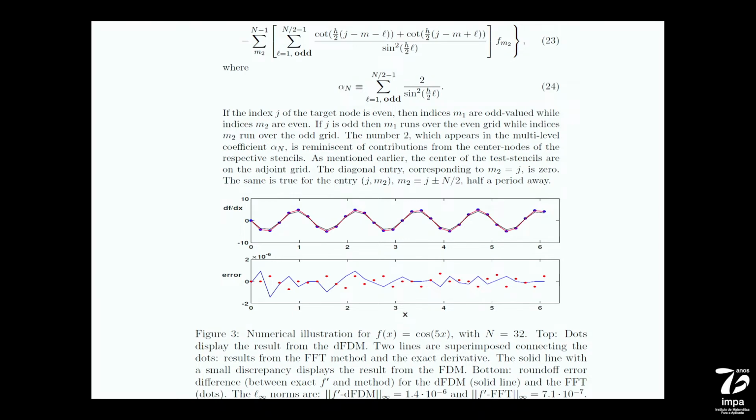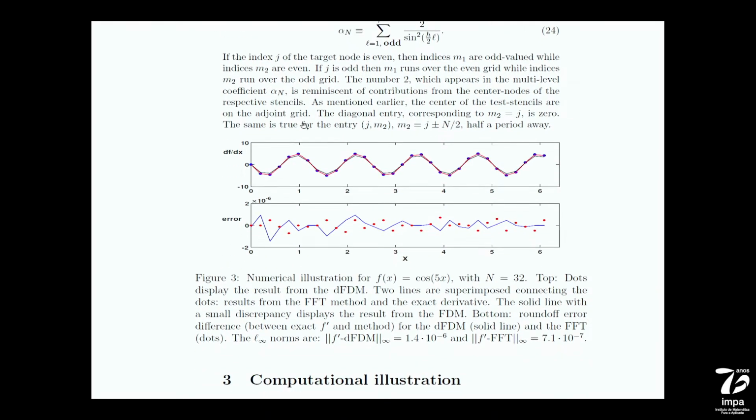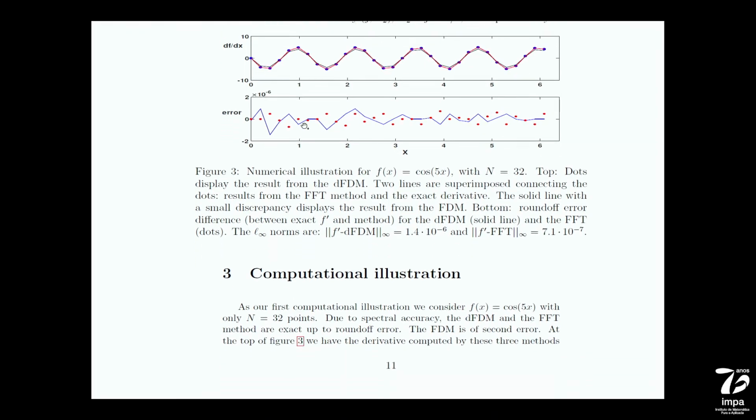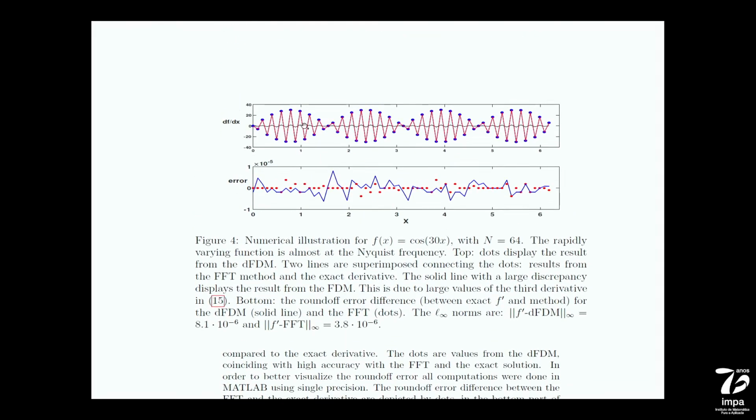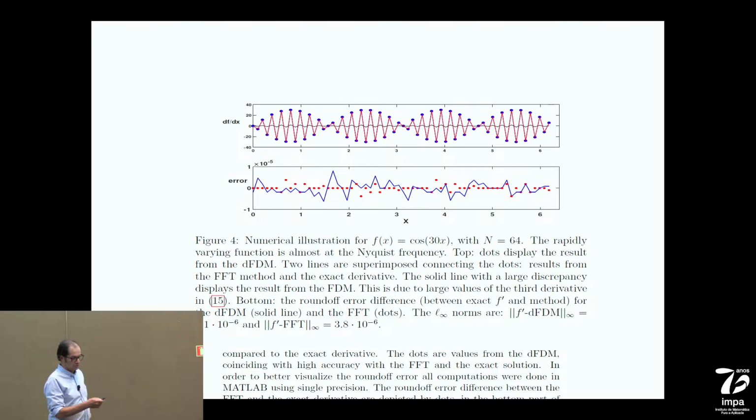Let's see if I can page here. Okay, here is a higher order cosine. So it's cosine of 30x, a faster cosine. And you see a little bit of a modulation on the curve.